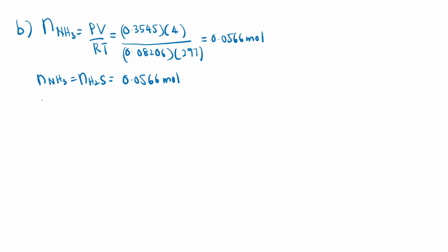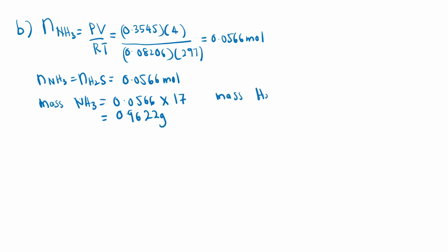So we can calculate the mass. Okay, mass of ammonia, mass of NH3 equal to 0.0566 times 17. So this one is molar mass for ammonia. Okay, so for ammonia we got 0.9622 grams, while mass of H2S is equal to 0.0566 times 34.